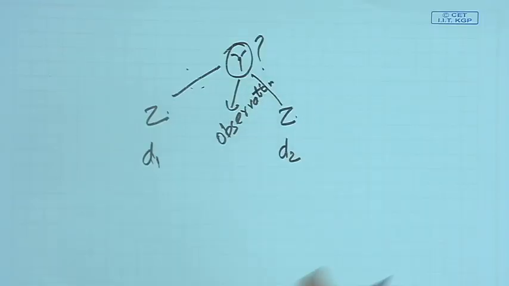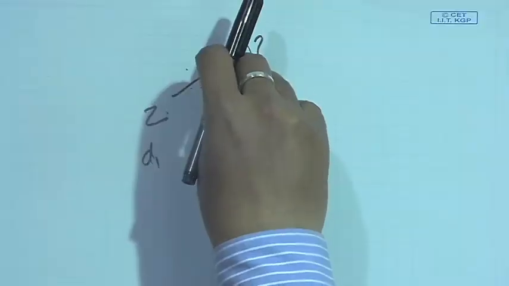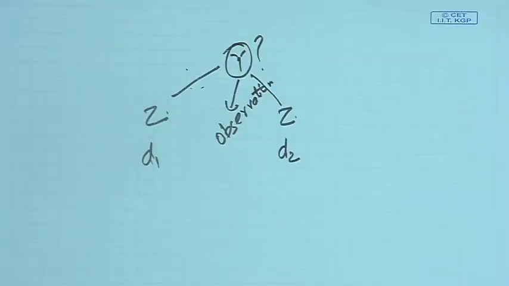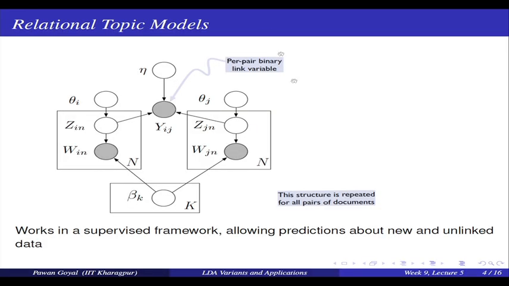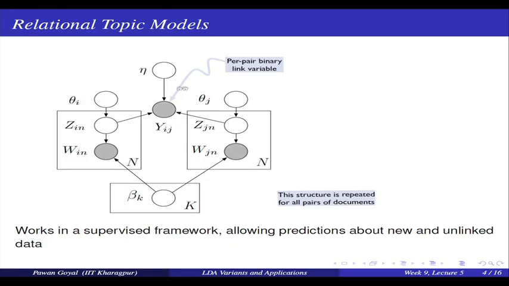This is a simple and direct extension of the supervised LDA, that can I now use the pairs and model the response as another observation, model the connection as another observation. So, this is how it is done. You are having the same topic models, same model for beta k, the topic probabilities over different observations, but now you look at different pairs. So, let us look at these pairs, document di and dj.